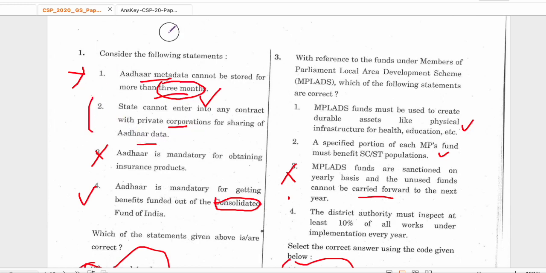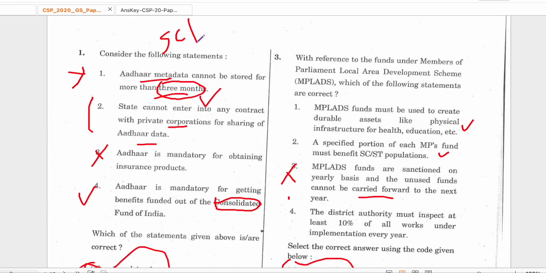There was a Supreme Court judgment, and in that judgment there were several do's and don'ts specified by the Supreme Court in the case of Aadhaar, where Aadhaar can be used and where it cannot be used. So private sharing of data breaches the right to privacy enshrined in Article 21, which came from the Puttaswamy judgment. So this seems correct.